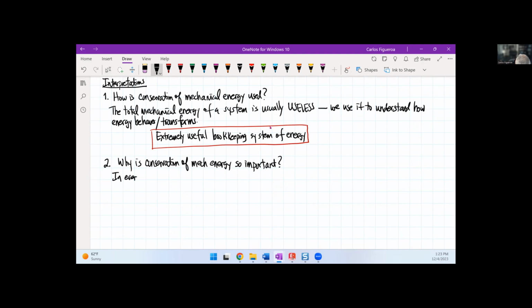In every interaction, one can only measure its initial state and its final state, but nothing in between.